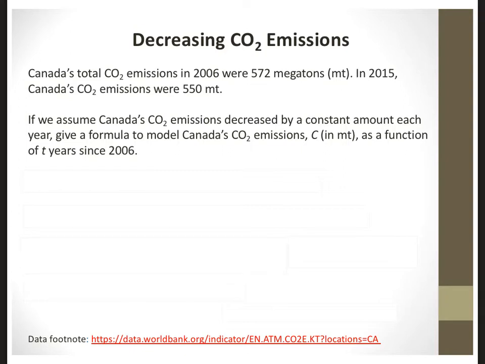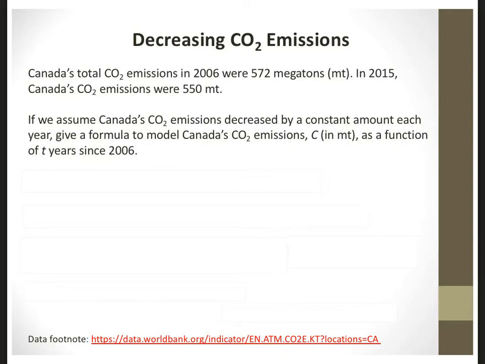So if we assume that Canada's CO2 emissions are going to decrease by a constant amount, so if we're going to assume their emissions follow a linear model, let's find a formula for Canada's CO2 emissions, C, which is going to be expressed as a function of the number of years since 2006.